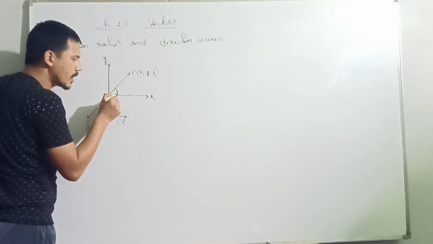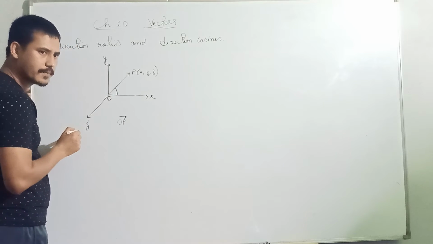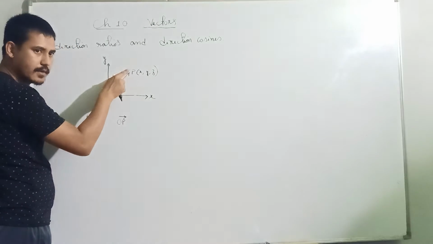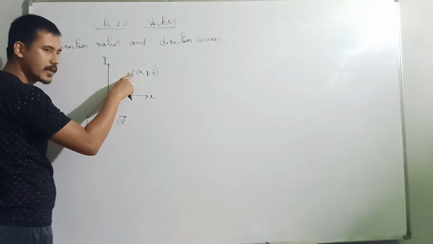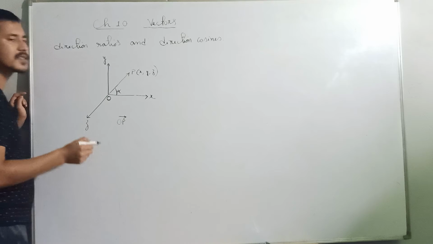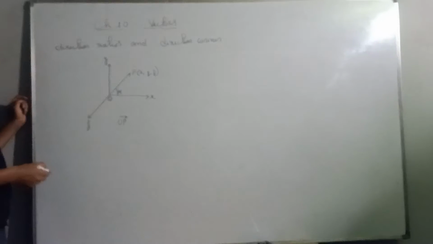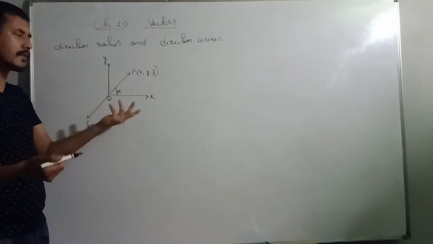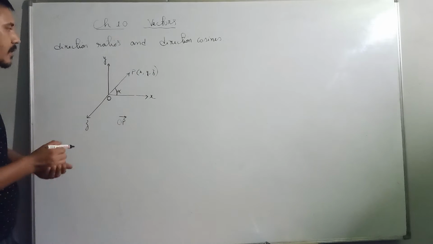Now see, the position vector of P, vector OP, is making some angle with the x-axis. It's making some angle alpha, say, with the x-axis. It may be 30, 45, I do not know, I'm just taking alpha.